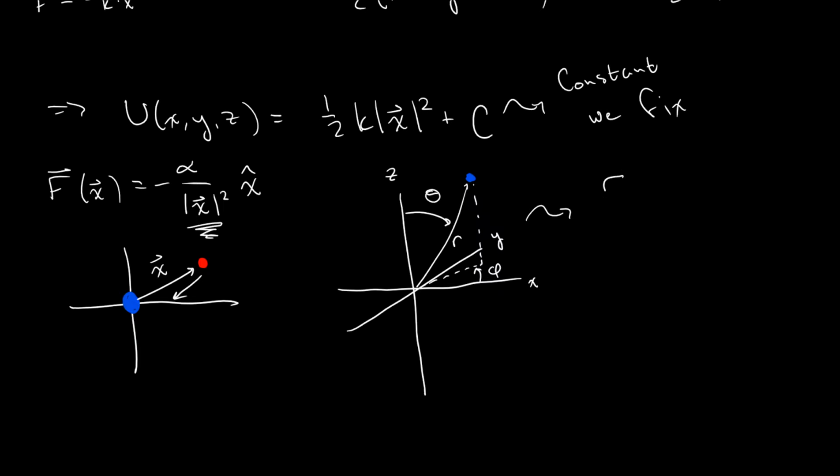So this simplifies quite a bit to minus alpha over r squared, where r is just this distance, in the r hat direction, so that's this radial direction here, and nothing else, because it doesn't depend on anything other than the distance that we are from the origin, and the direction of that distance vector.